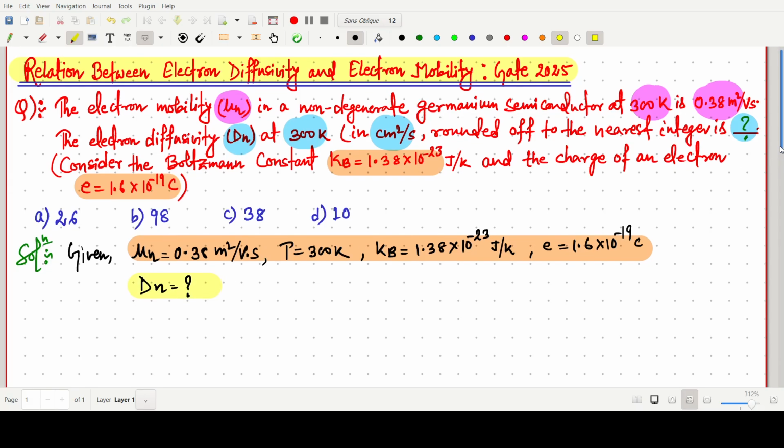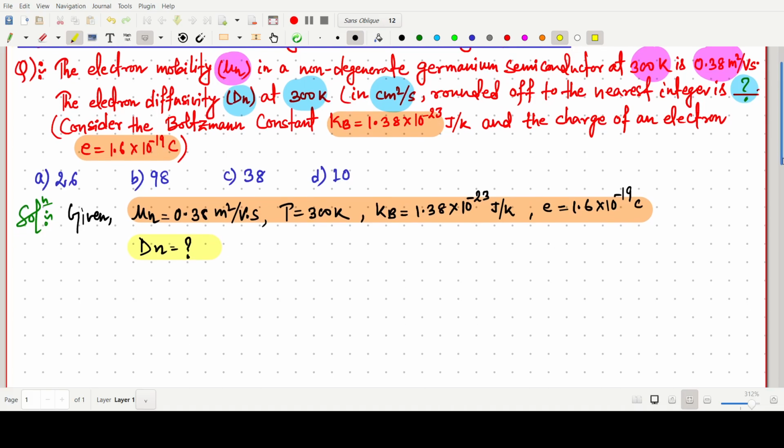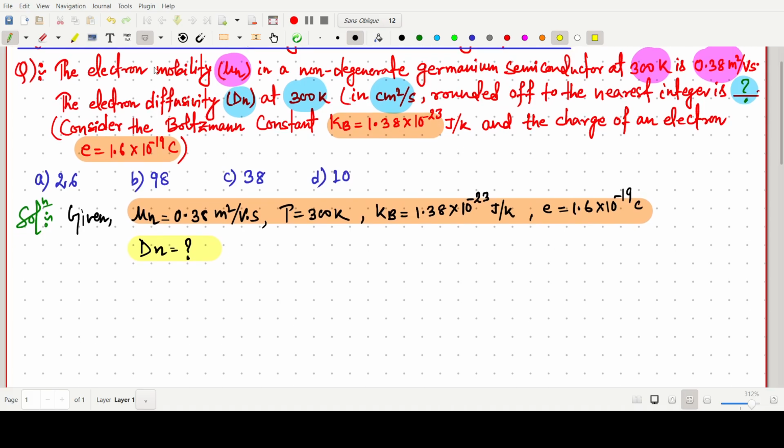Now to solve this problem, a very important formula is the relationship between the electron mobility and electron diffusivity, which is given by one very fundamental formula.